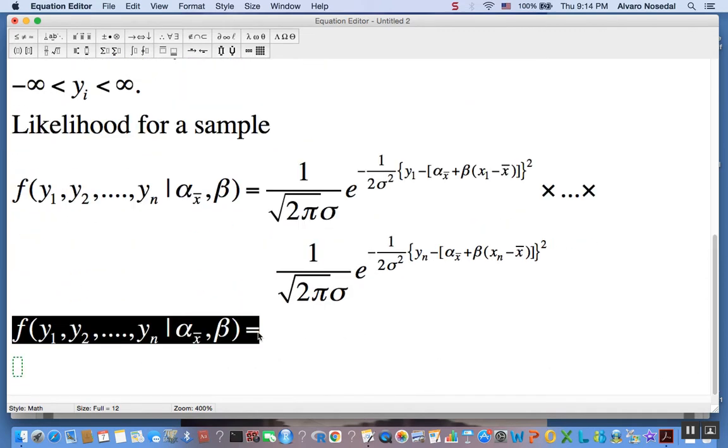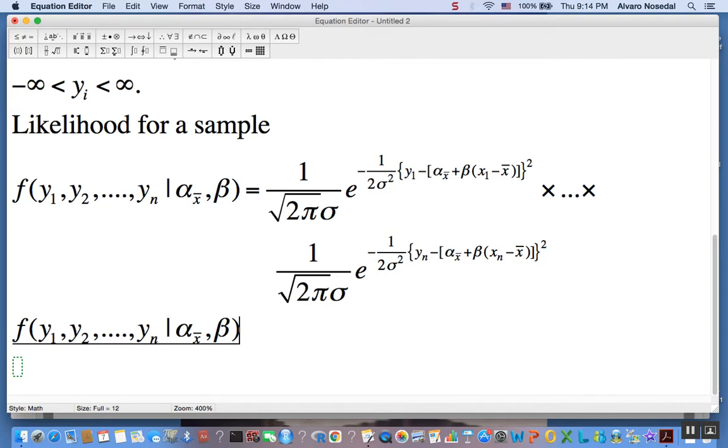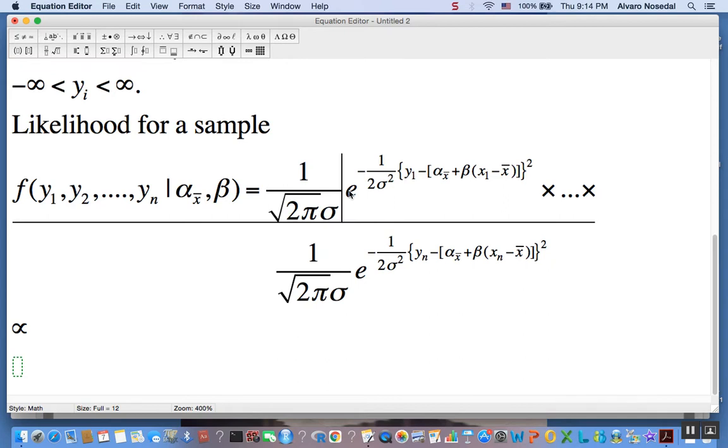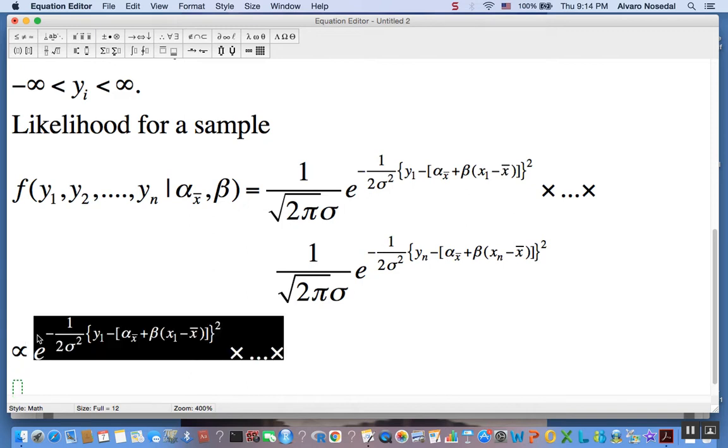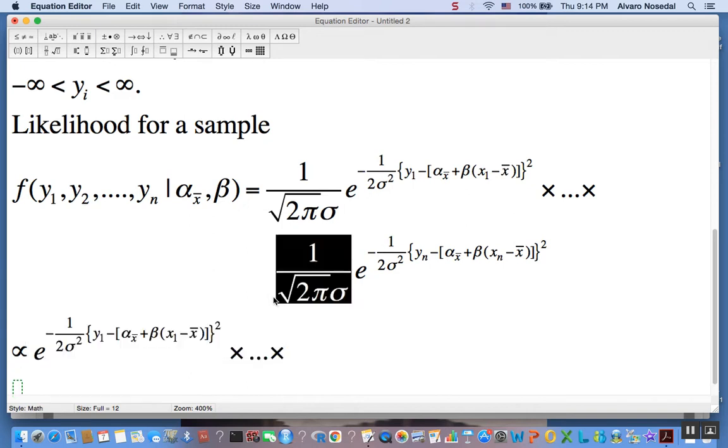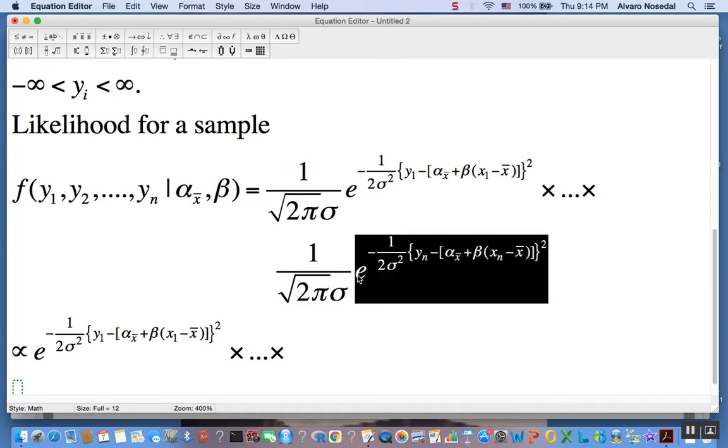So sigma squared is known, and then what we're going to be doing is using the proportionality symbol, and we're going to ignore the terms that don't involve the parameters alpha, x bar, and beta. Okay, so these constants we're going to ignore, and then what we have is just the product of those exponentials. Okay, just these guys.